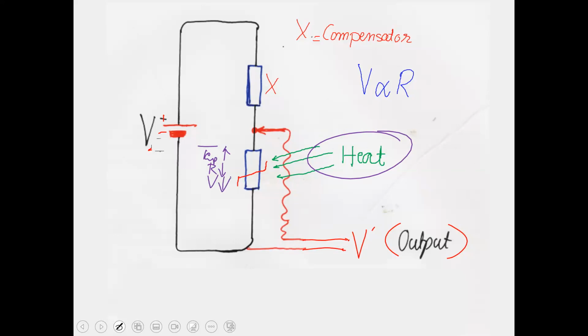When voltage decreases here, it will compensate and increase here. Now voltage is decreasing here, so output voltage will decrease. If output voltage is decreasing, the circuit will be off. So this is used to switch off the circuit.